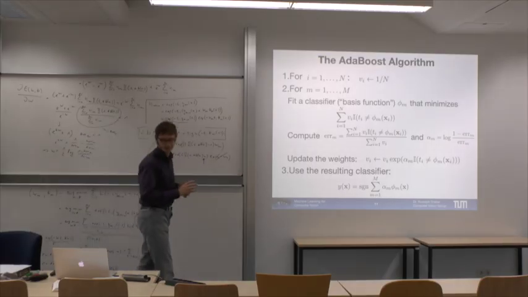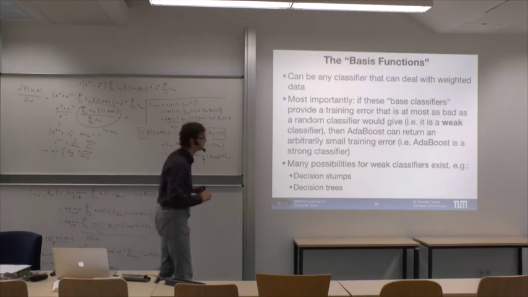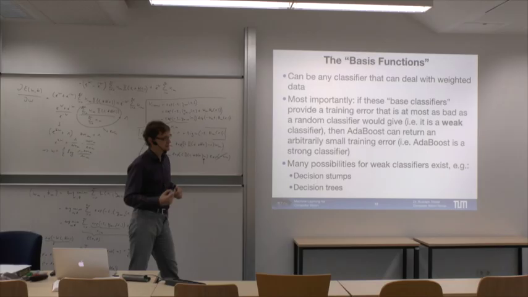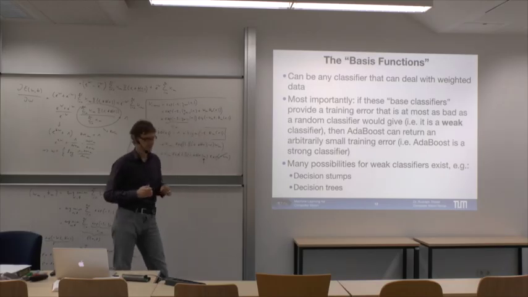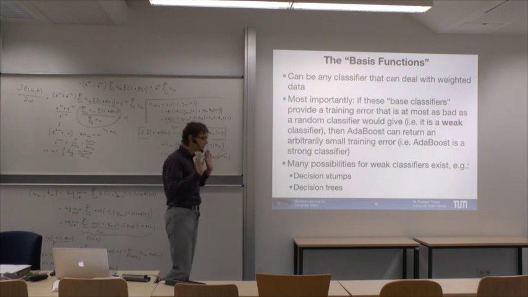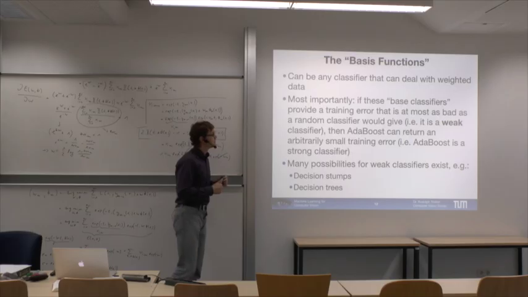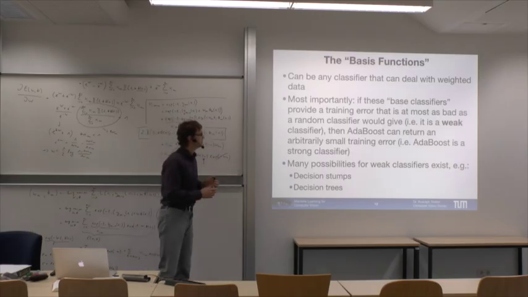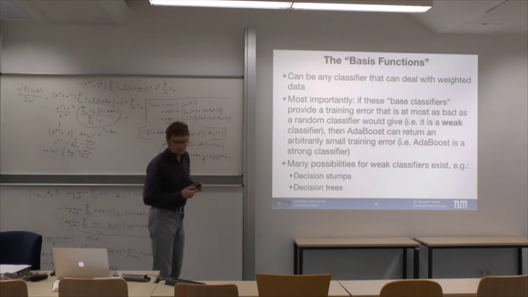And weak, just to clarify, I think this is the next slide. Let's do the next slide, and then we have a small break. The basis functions can be any classifier that can deal with weighted data. So we can think of anything that we fit to the data where we have weights in front of the data points. Important is that these base classifiers provide a training error that is at most as bad as a random classifier.